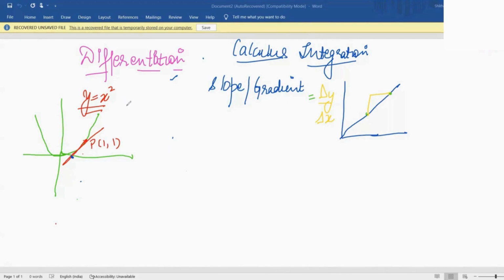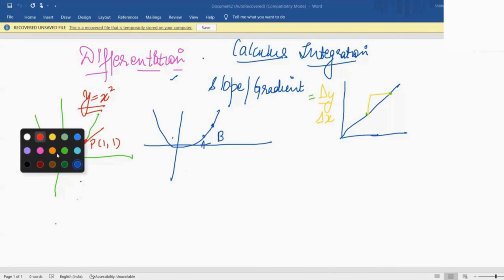So let's try to make it very simple. You said let's draw a tangent to it, which is right. But how did we reach there? If I have a curve and I take 2 points on my curve which are instantaneously very close to each other, so close that you cannot even find out that they are lying on a curve, it is assumed to be a straight line.